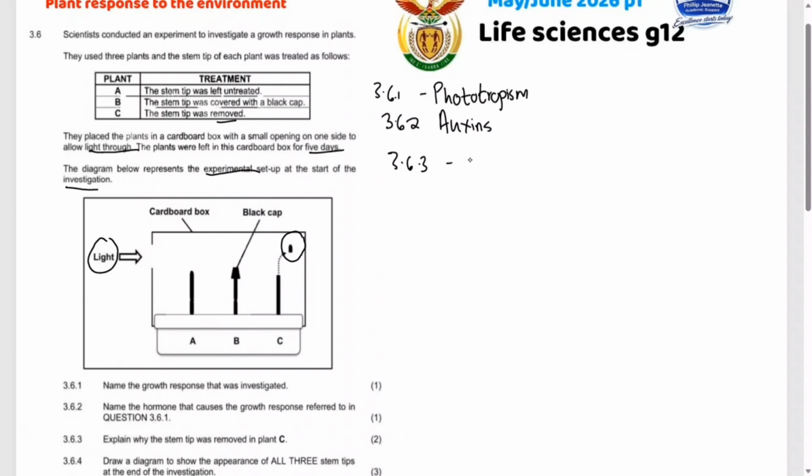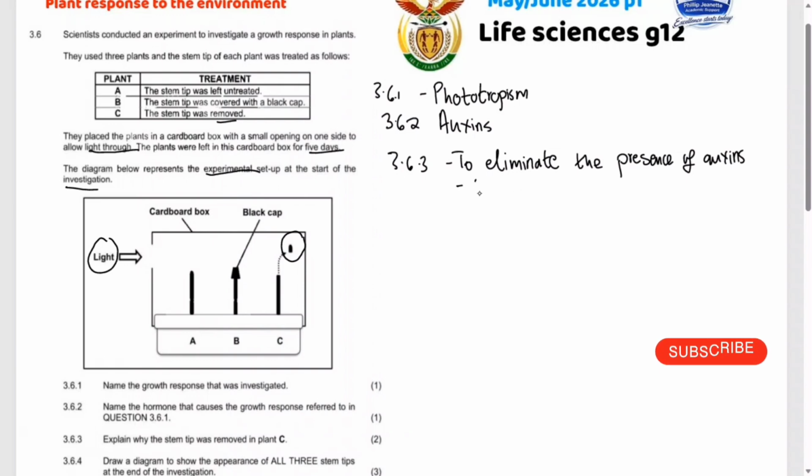It is to eliminate the presence of auxins, to ensure that no phototropism will occur.